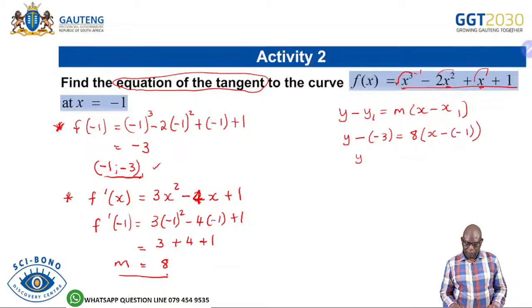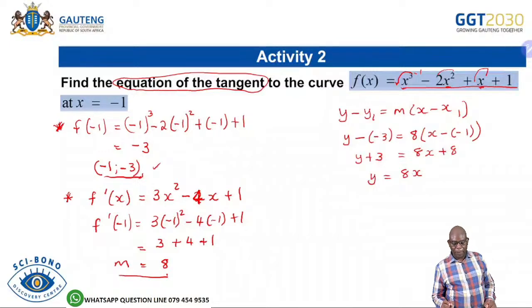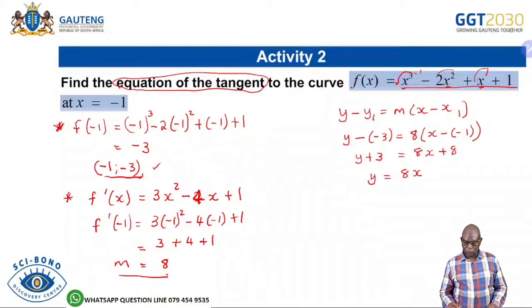And then I'll have y plus 3 equals 8x. Remember, this is a plus, so we multiply by 8, we're going to get plus 8. Then y will be equal to 8x. If I take over the 3, I'll get 8 minus 3, which is plus 5. Then this is now the equation of the tangent.